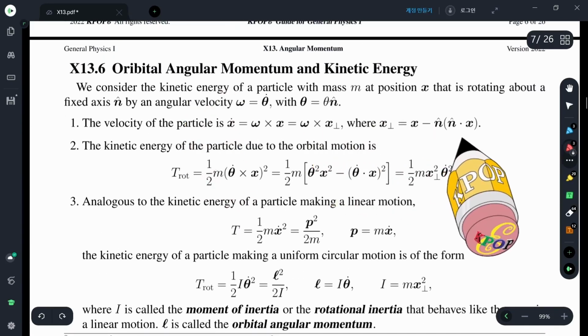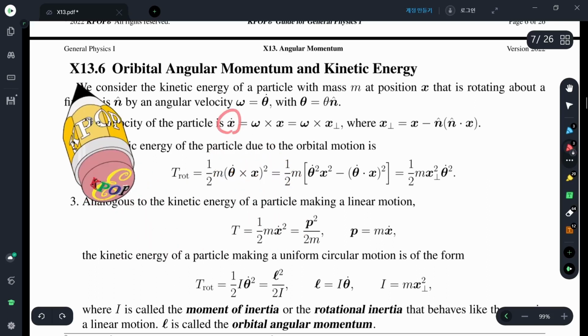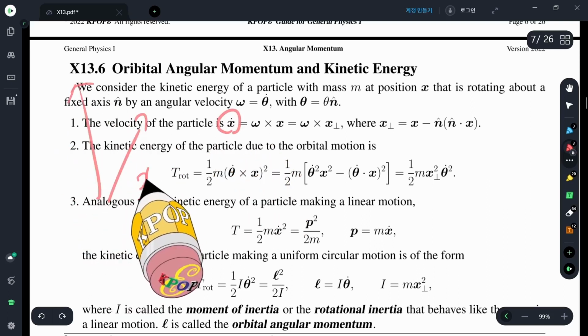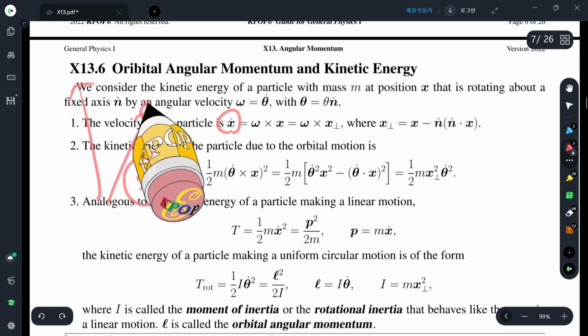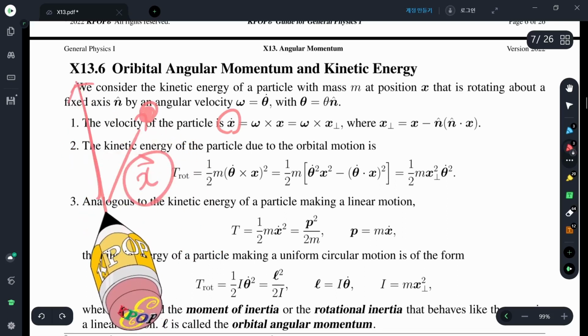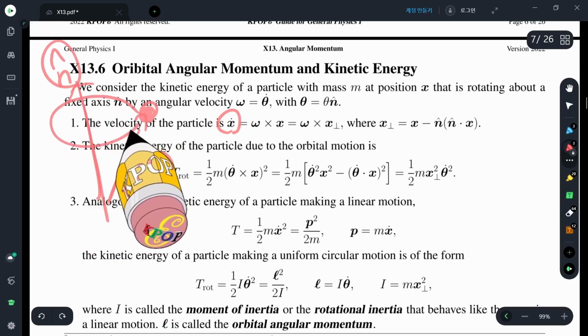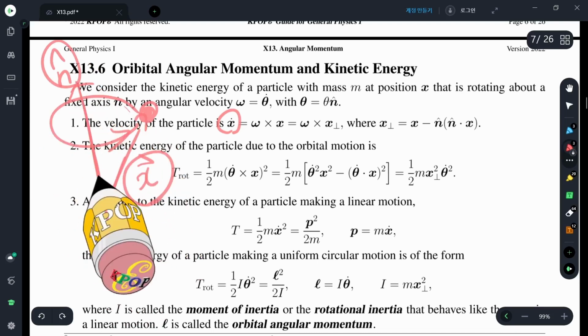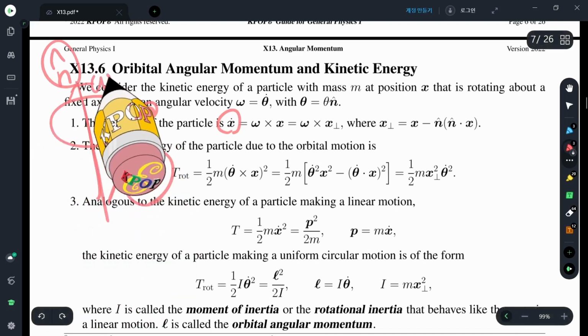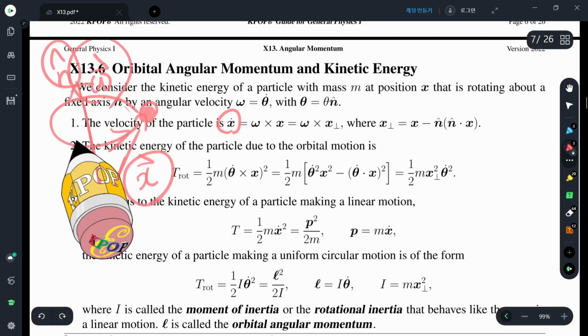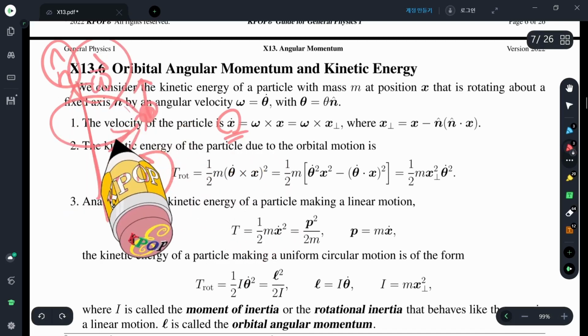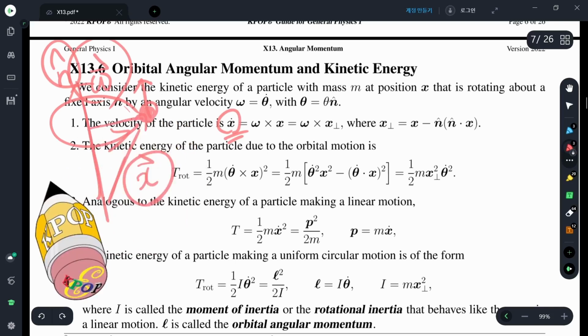Orbital angular momentum and kinetic energy. Now, consider an object with a displacement position fixed in space, but with an axis of rotation. If it rotates about this axis with the angular velocity omega, then it acquires a velocity that is tangent to the planar radius.